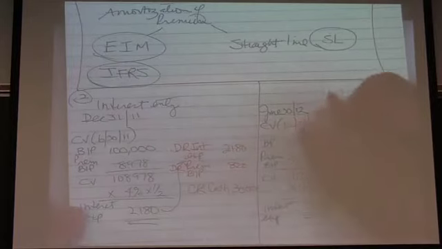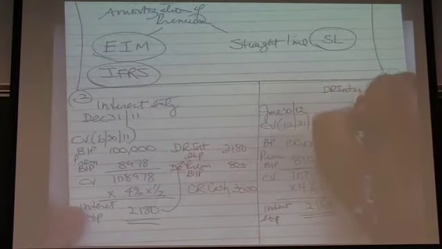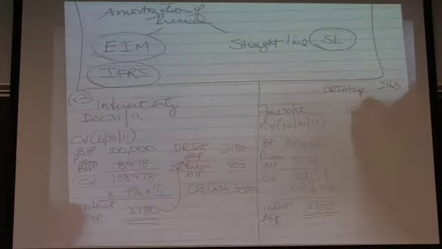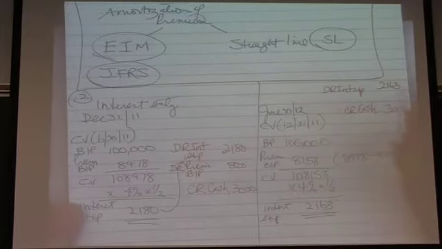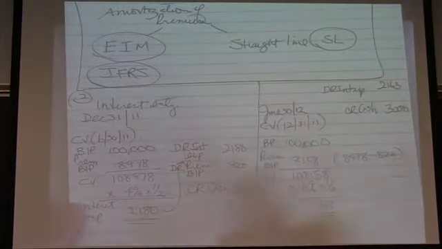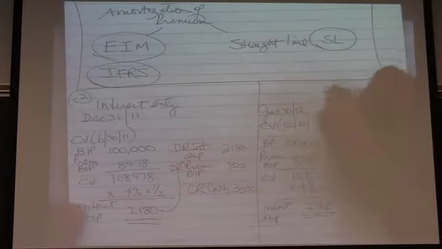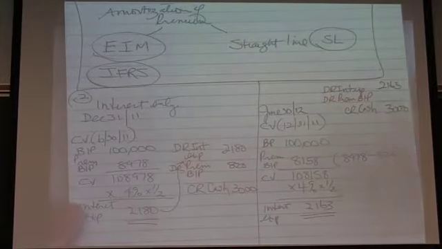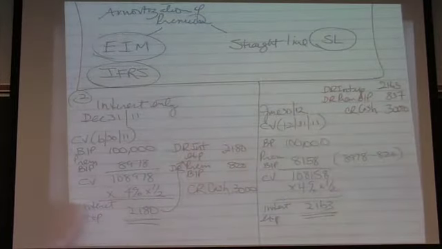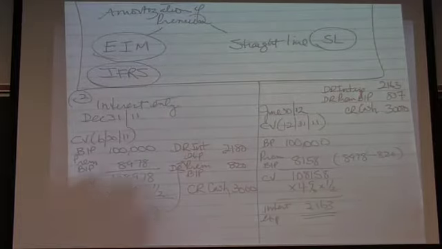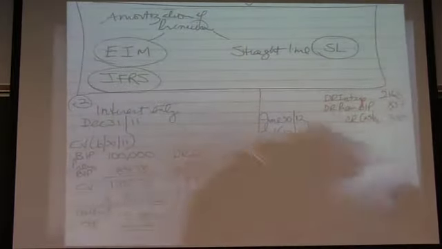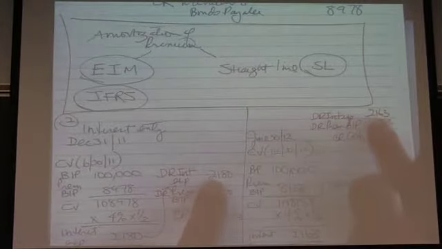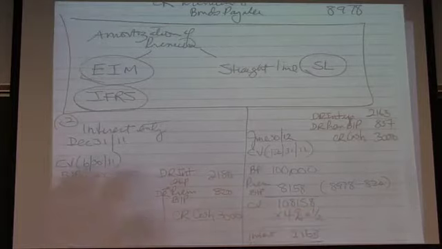This is the entry for June. So debit interest expense, which is the calculated amount, 2163. We're going to credit cash, always 3,000. That doesn't change, so the cash never changes, right? And we're going to debit premium on bonds payable, which is the amortized, and that is 837. So I want you guys to see that the interest expense is decreasing and the liability is decreasing.